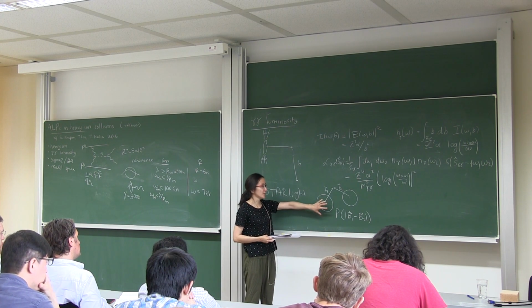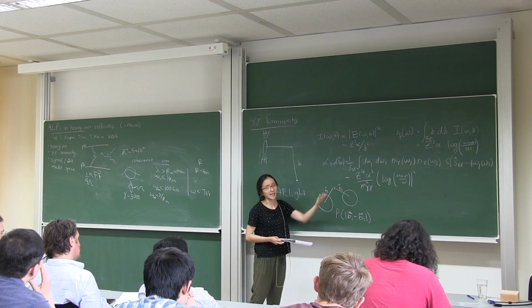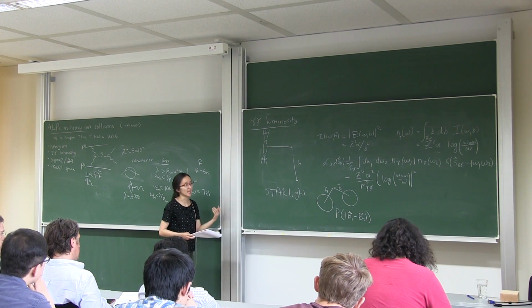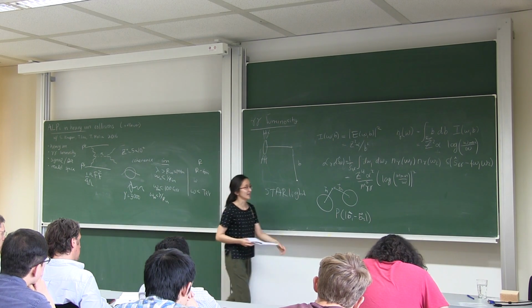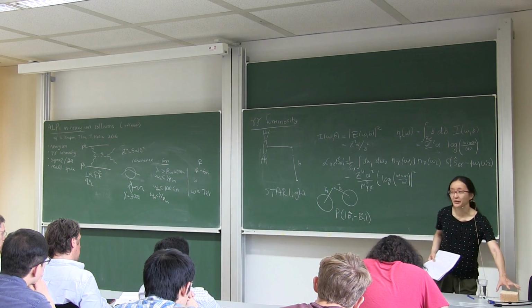But the difference between including this and just using the analytic result is only 10 or 20%, which is nice because we can understand essentially everything that's happening in this calculation.